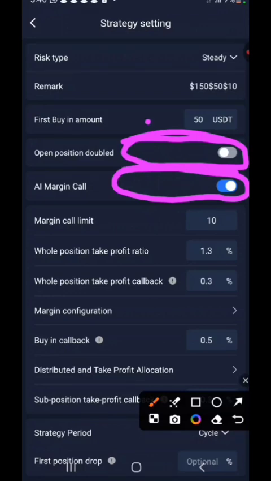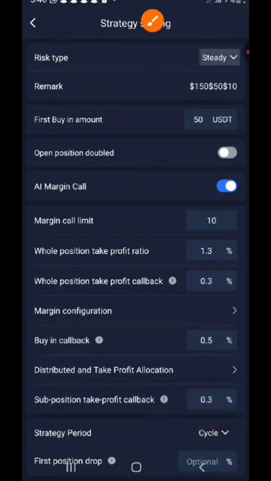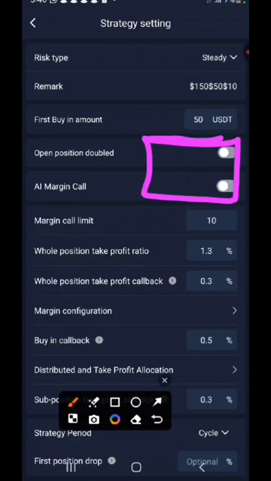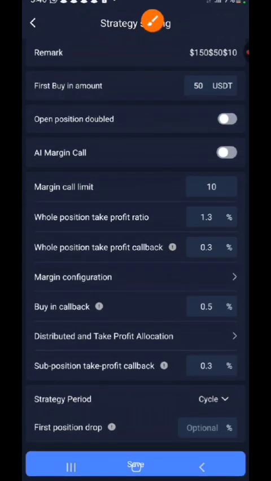Let's say with the first buy, everything, it will be doubling it. So these two buttons have to be off.